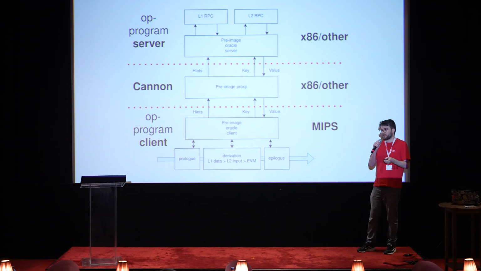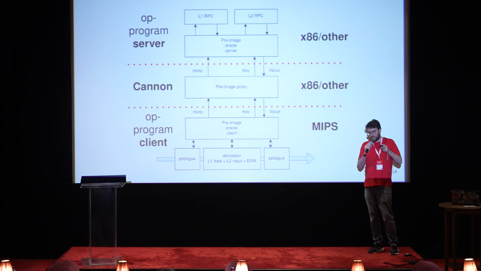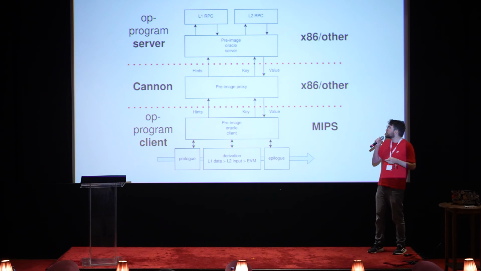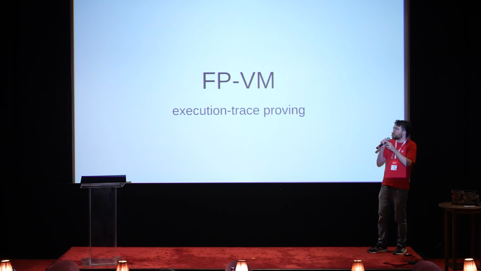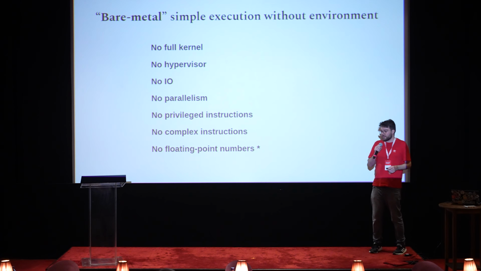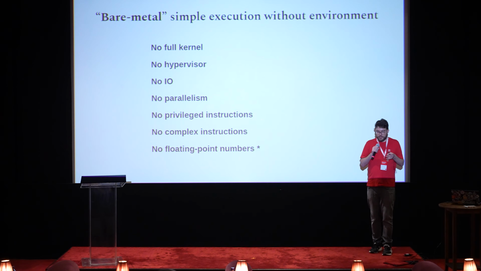And when you have a trace of execution steps, then you can create an on-chain fault-proof with verifiable instructions. So that's the fault-proof virtual machine, execution trace proofing.